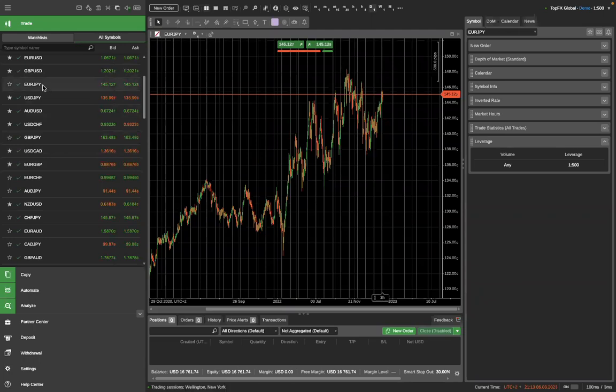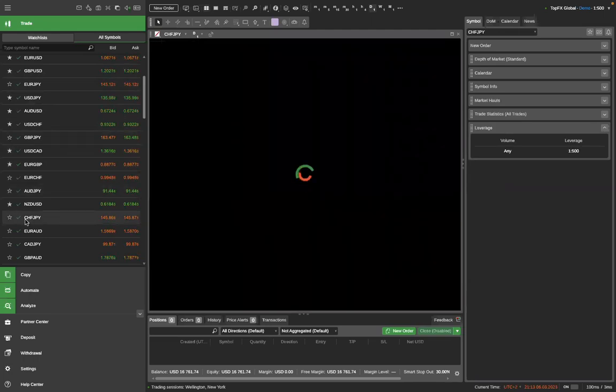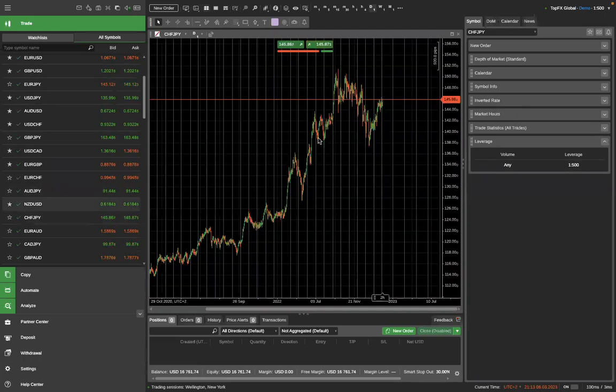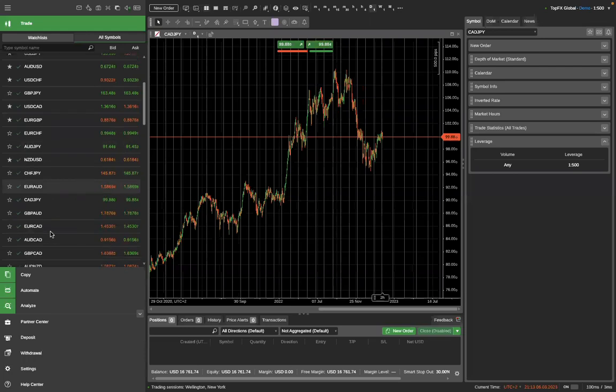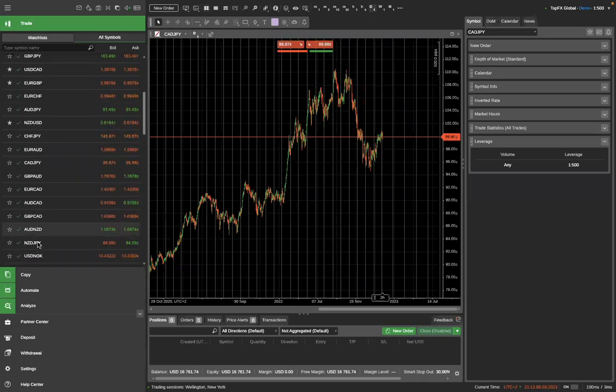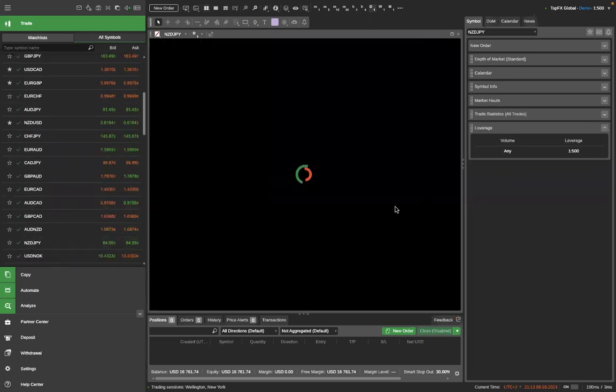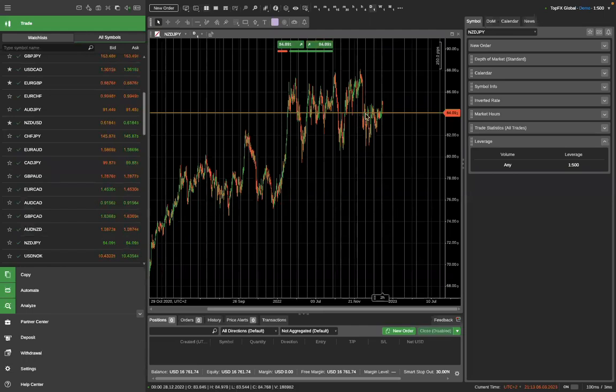So it looks like if you get the minus, that minus is very often seen on the other markets, like euro to the Japanese yen, British pound to Japanese yen, Australian dollar to the Japanese yen, Swiss franc to the Japanese yen. Look at this slide to the downside, and of course Canadian dollar to the Japanese yen, and New Zealand dollar to the Japanese yen. There you go.